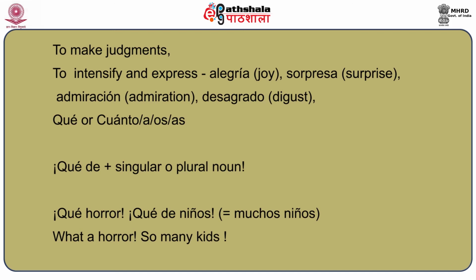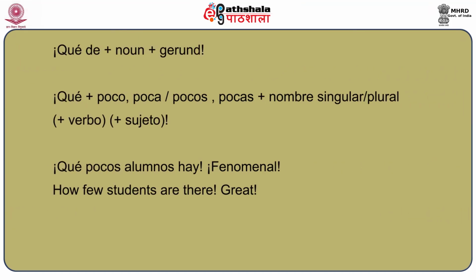Qué de + singular or plural noun. Qué horror, qué de niños, which means muchos niños. What a horror, so many kids. Qué de + noun + gerund to indicate a lot of people doing the activity described by the gerund.